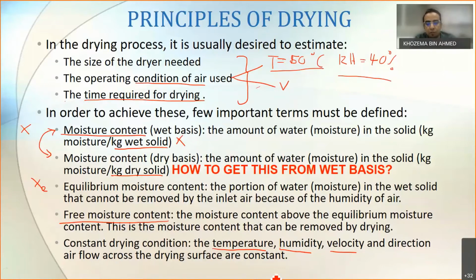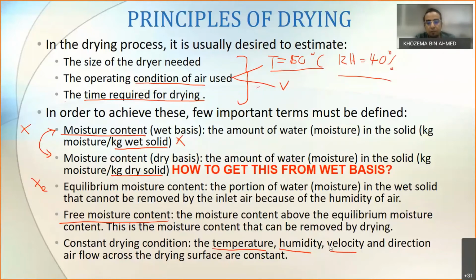If it's not constant, then sometimes the time required can be small, or if the temperature is too low, the time required will be very, very high. If the relative humidity is very high, the final amount of moisture that you can remove will become low.